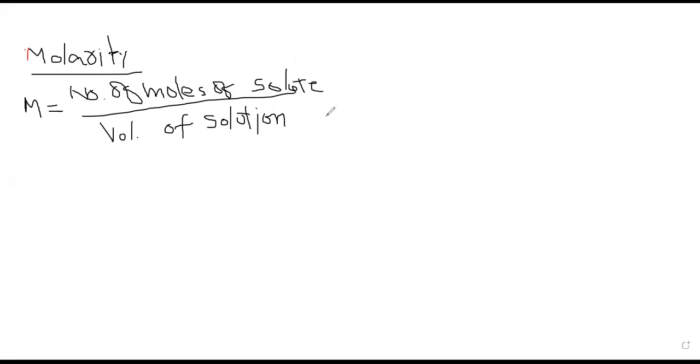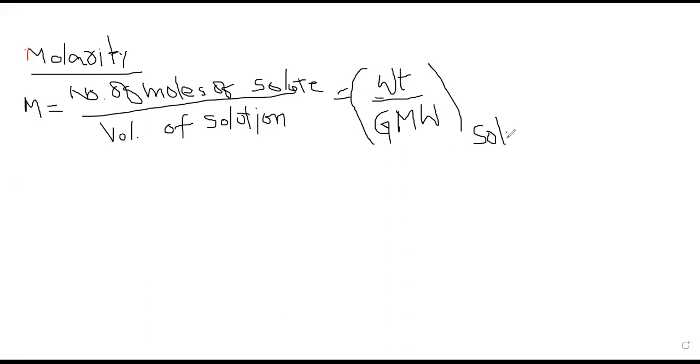Any doubts about this molarity? What are the units of molarity? How do we calculate the number of moles? It is the weight of the solute divided by the gram molecular weight (GMW) of the solute, into 1 by V in ml, the volume of the solution.